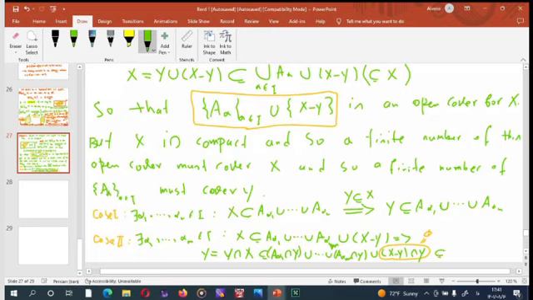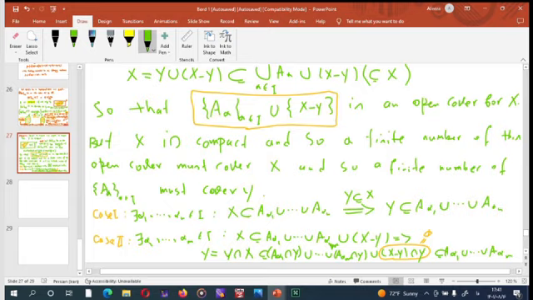For example, this set is a subset of A alpha 1, and finally this is a subset of A alpha m. In this case again we have a finite subcover for this open cover.